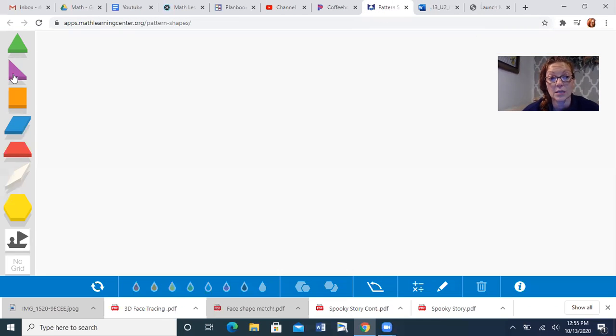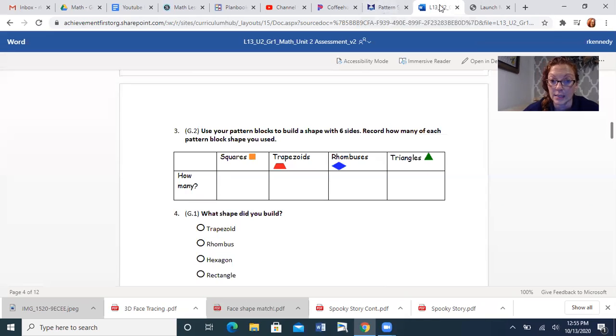And then how many did you use? How many squares? Did you use any? How many trapezoids? How many rhombuses? And how many triangles? If you didn't use them, put 0. So you're building a shape with 6 sides, and I'm going to write how many of these you used. If you use 0, write 0. If you use one of them, write one. What did you use to build a shape with 6 sides?